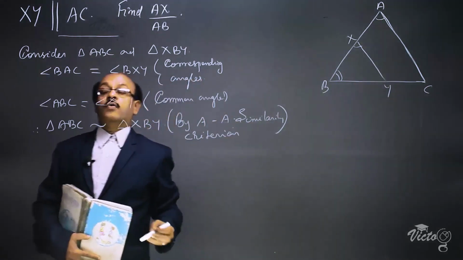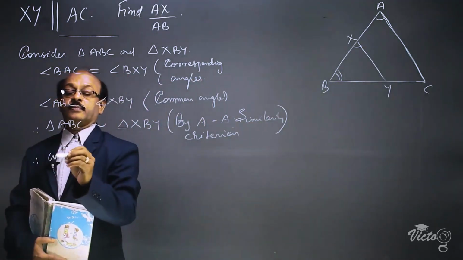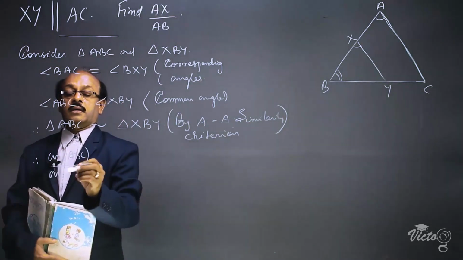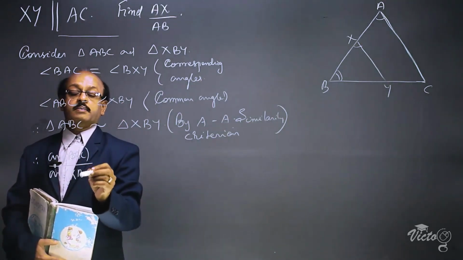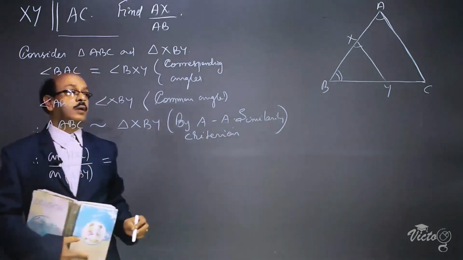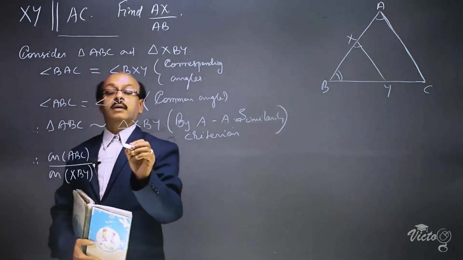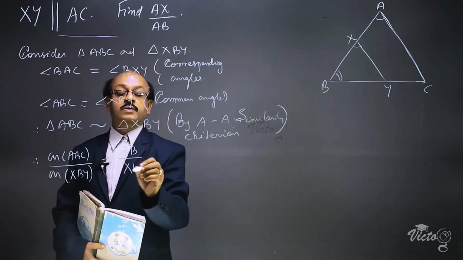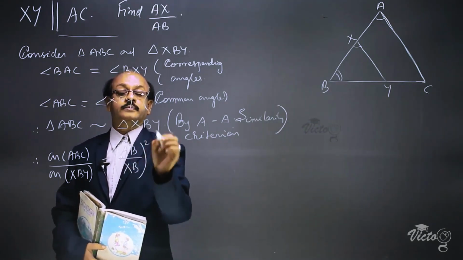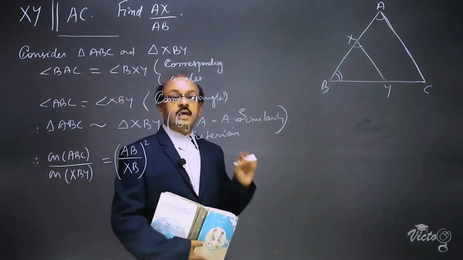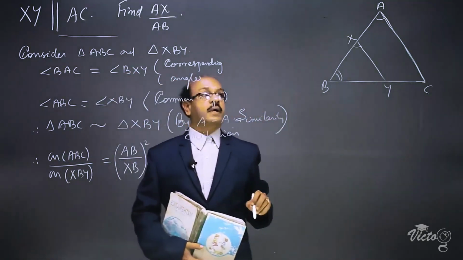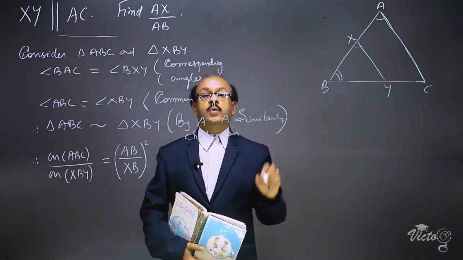Therefore, area of triangle ABC divided by area of triangle XBY will be equal to AB divided by XB the whole square. Again, it is given in the question that the line segment XY divides triangle ABC into two parts of equal area.